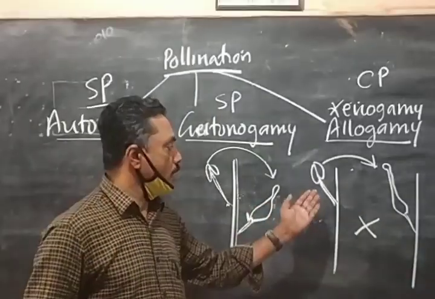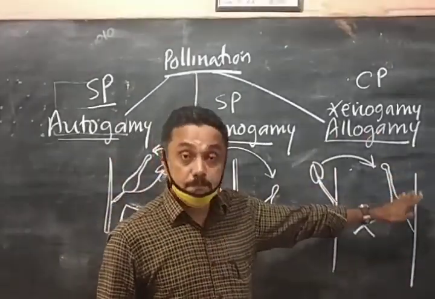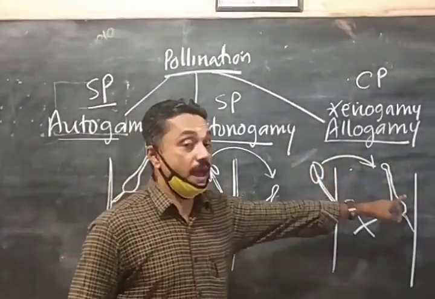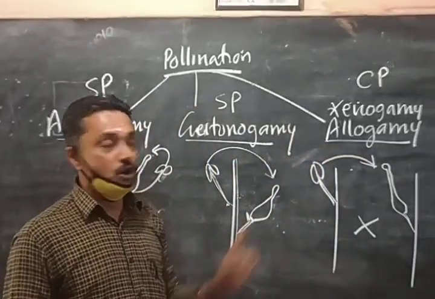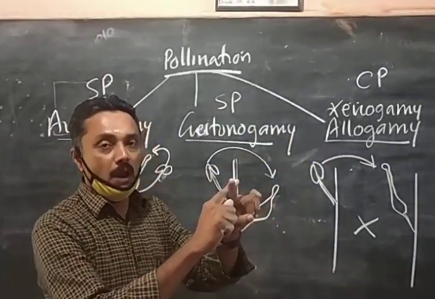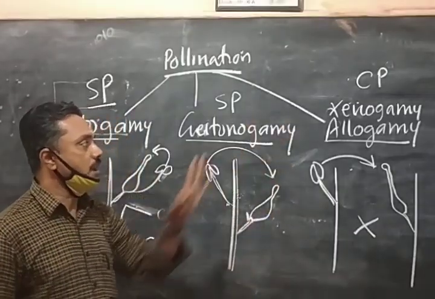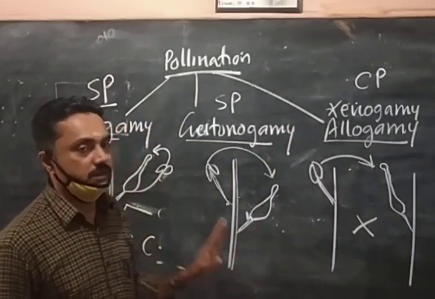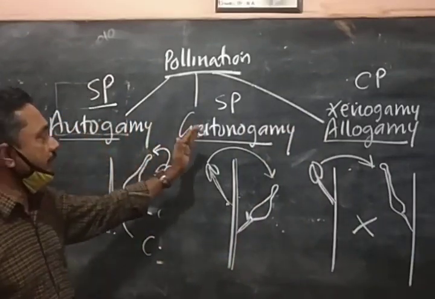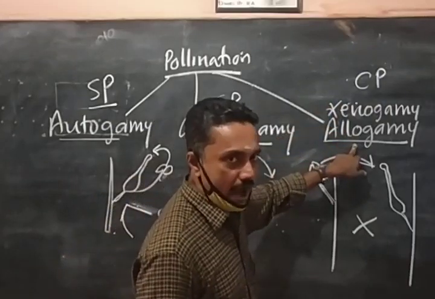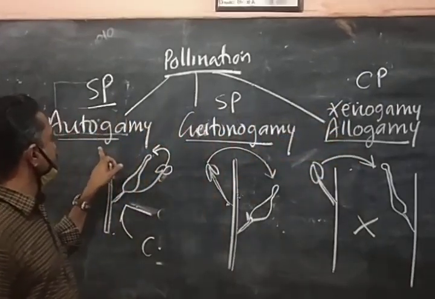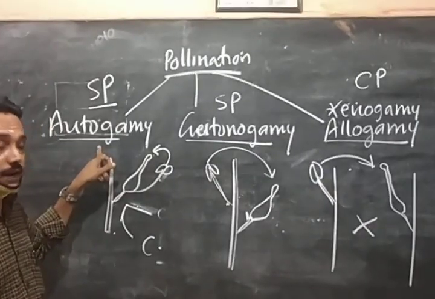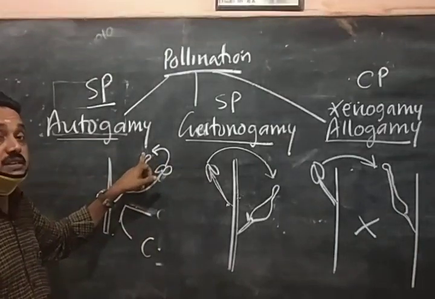Transfer of pollen grain from one plant to another plant of the same species is called cross-pollination, xenogamy or allogamy. So there are three types of pollination: autogamy, geitonogamy and allogamy or xenogamy. Autogamy is a type of self-pollination in which pollen grains are transferred from anther to stigma of the same flower.